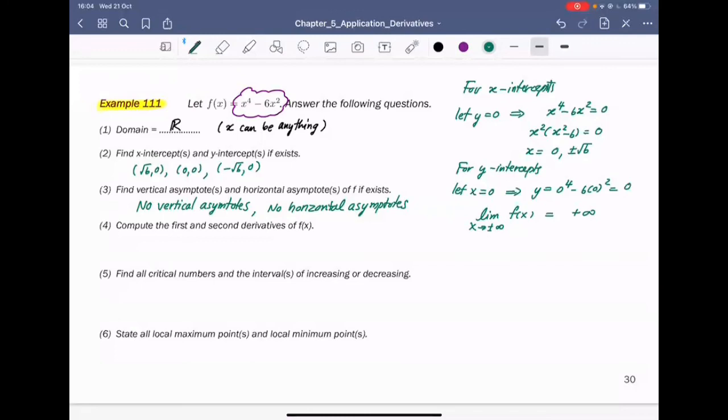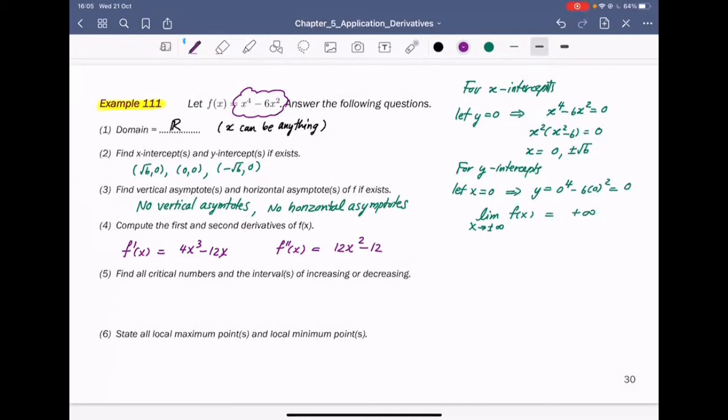All right, so number 4, let's compute the first and second derivative. The first derivative is going to be 4x cubed minus 12x. The second derivative is going to be 12x squared minus 12. So those are the first and second derivatives.